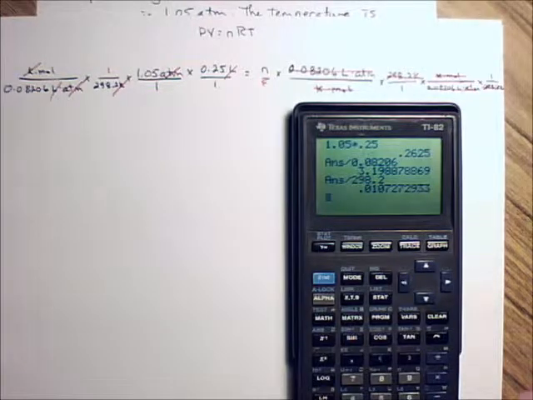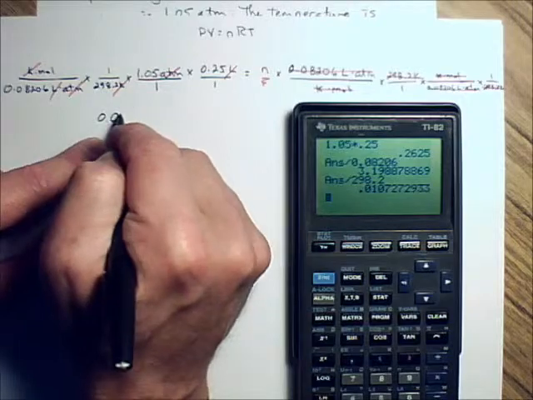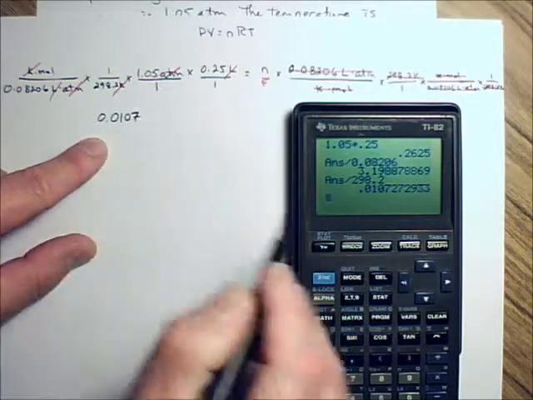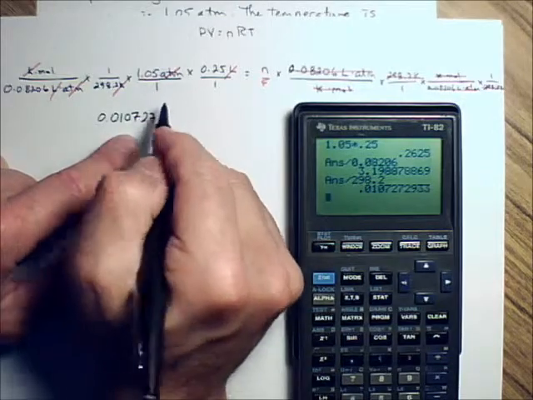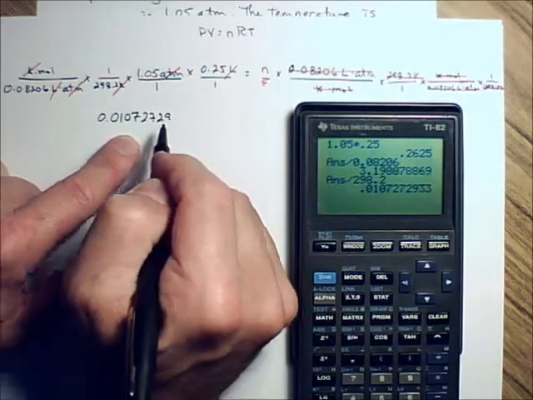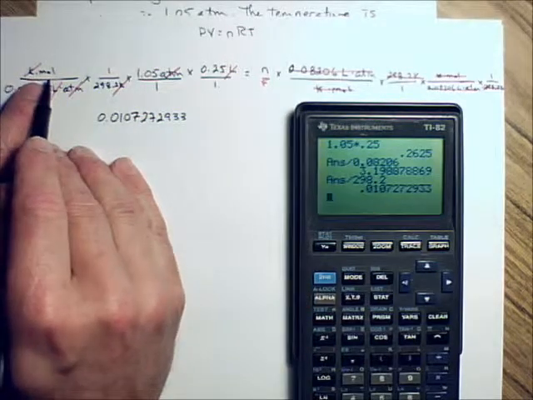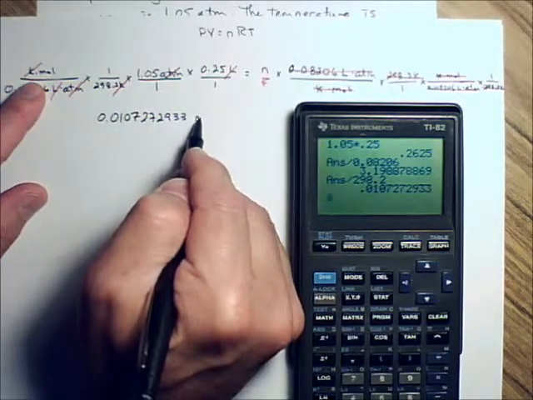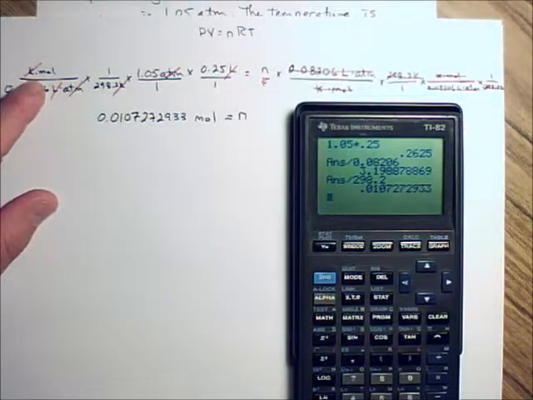All right, so the number we got here is 0.017272933. The only unit we have left is moles. Moles measures the amount of substance, and N is the symbol we use for the amount of substance.